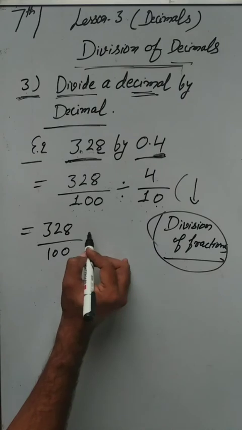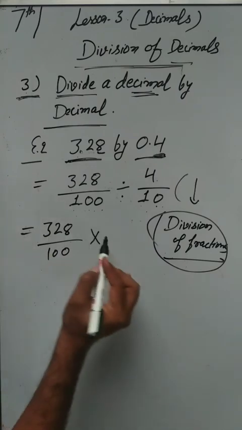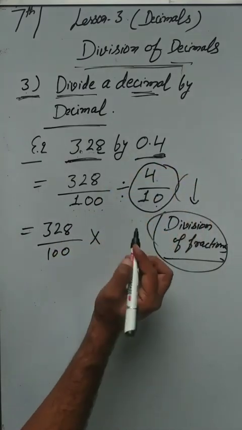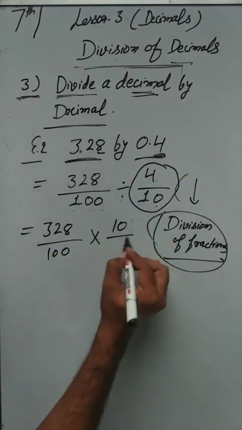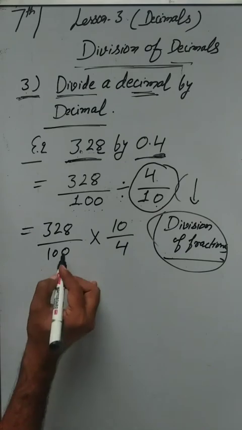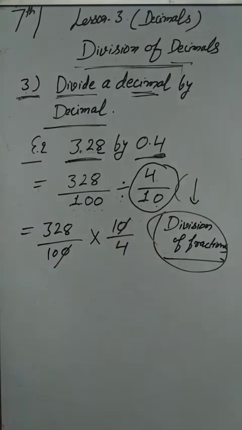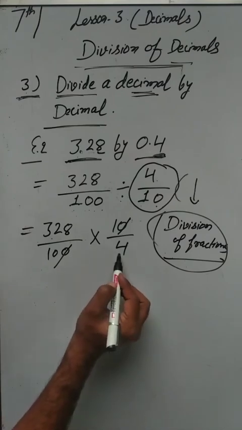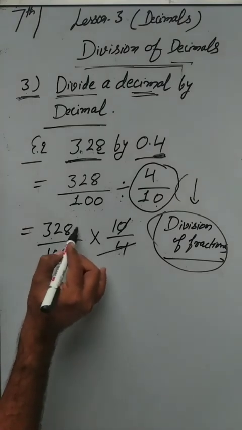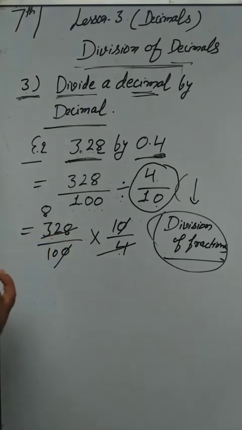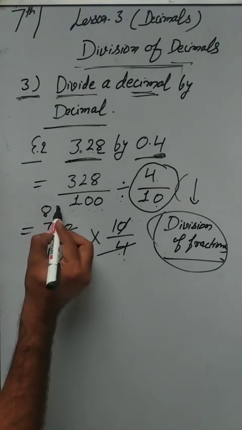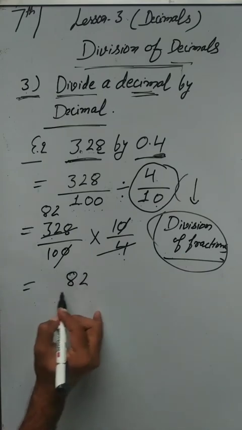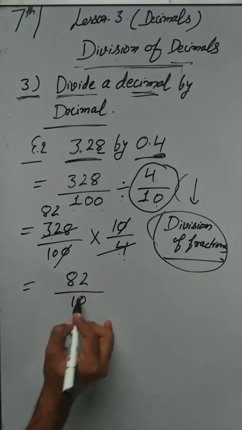Now division will change into multiply, and here you will write the reciprocal of that fraction. Reciprocal of 4 upon 10 will become 10 upon 4. Understood beta? Now 0 is cancelled with 0 and 328 cancels with 4. 4 8s are 32. 4 2s are 8. Okay, so it becomes 82 upon 10.